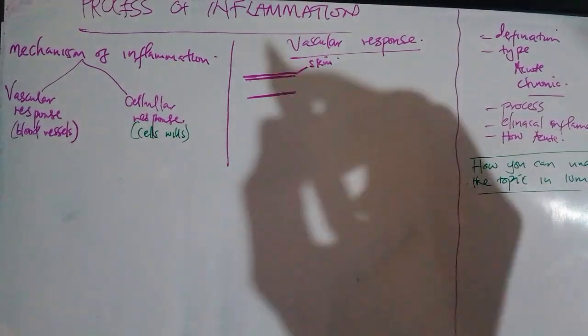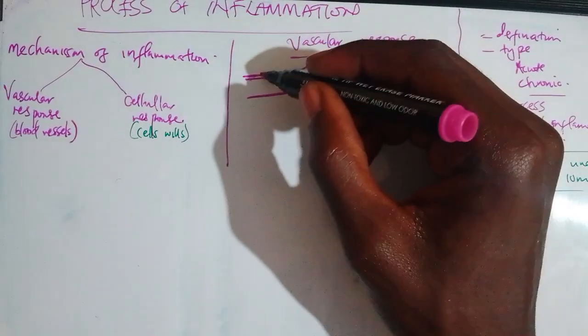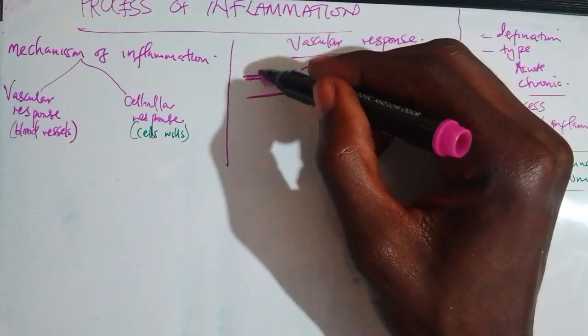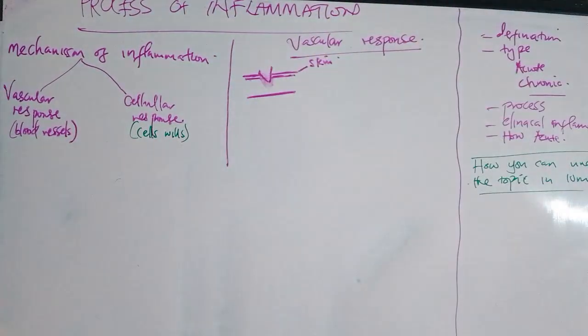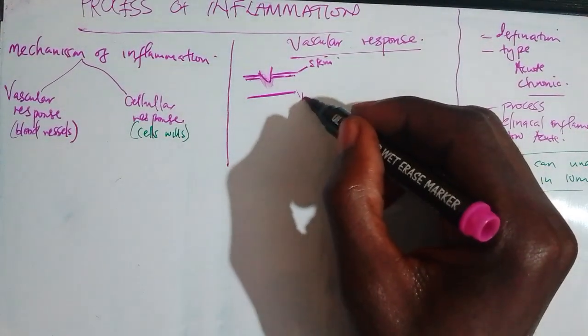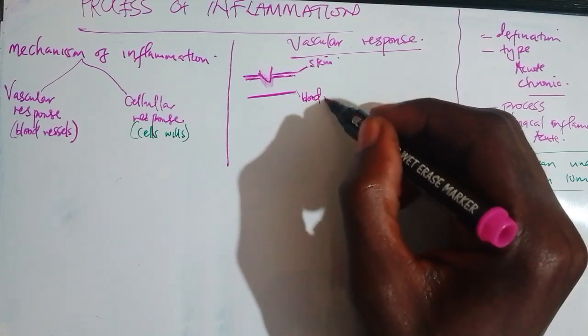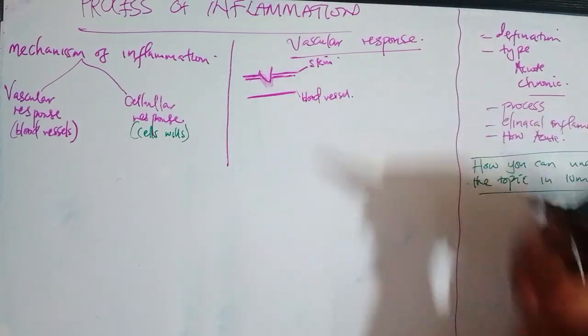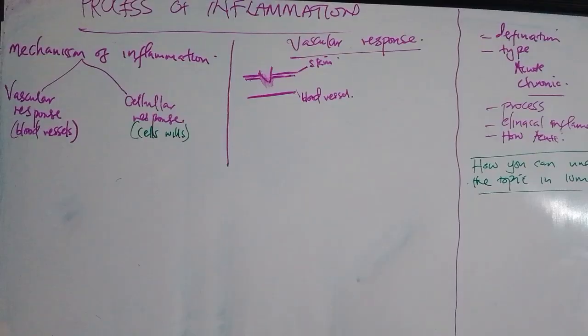Yeah, so imagine you cut yourself here. So when you cut yourself here, of course this is an injury. So what happens to this blood vessel down here? Immediately you cut yourself, the blood vessel will undergo what is known as transient vasodilation.